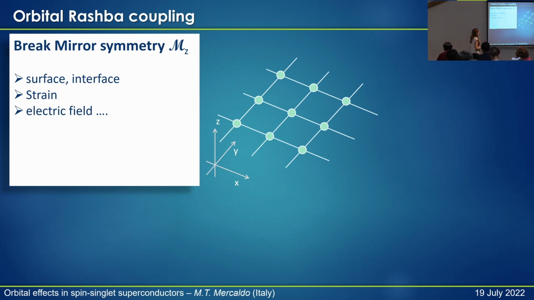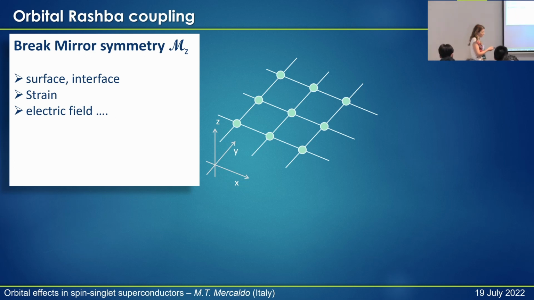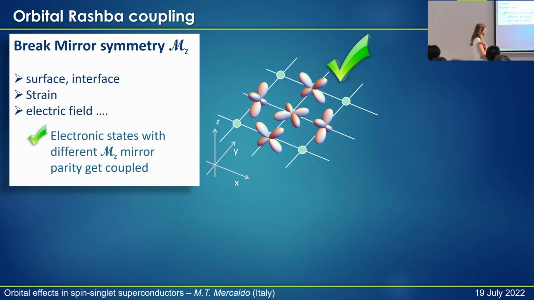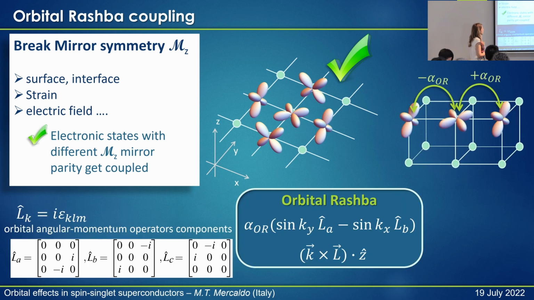So what happens when we break symmetry? We break inversion symmetry, we have a breaking of the MZ symmetry. This happens, of course, at surface, interface, or can be due to the presence of strain, electric field. So when we have this breaking of the mirror MZ symmetry, we allow this kind of different interaction.